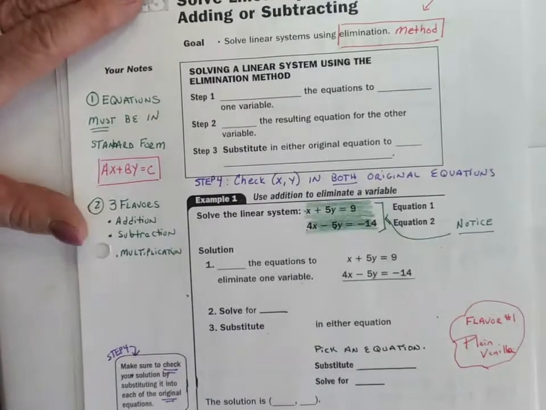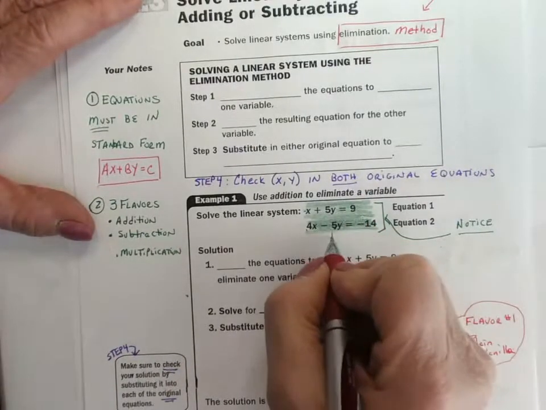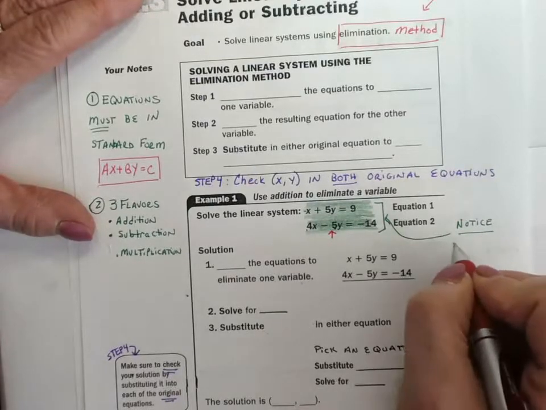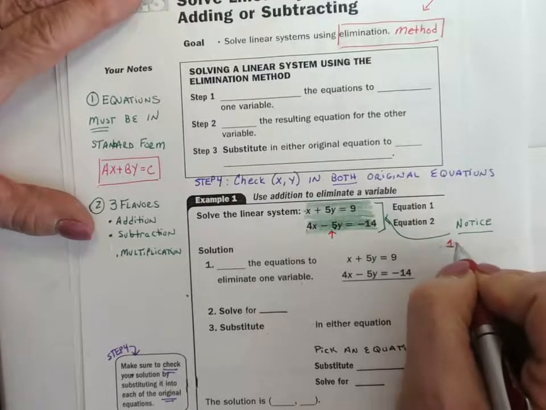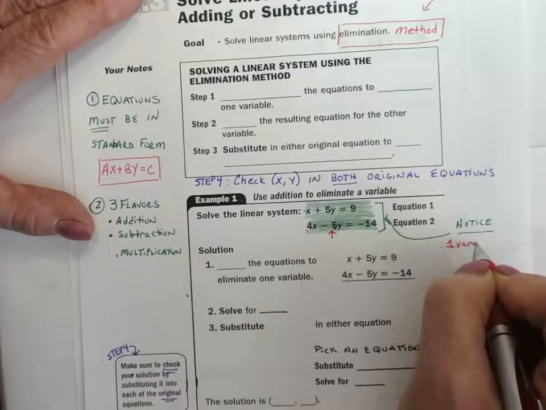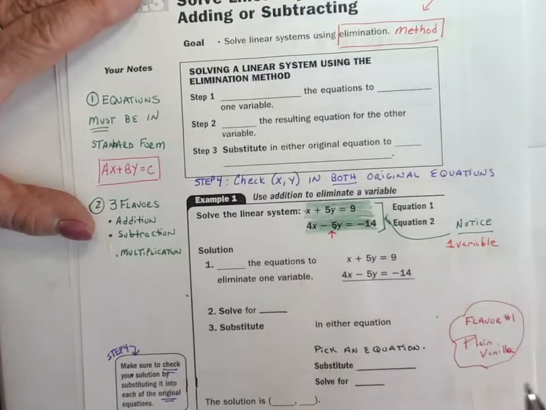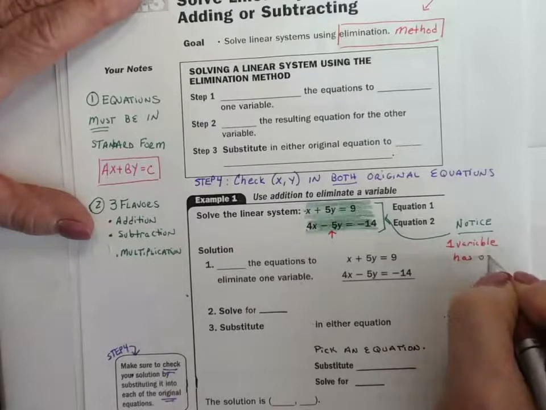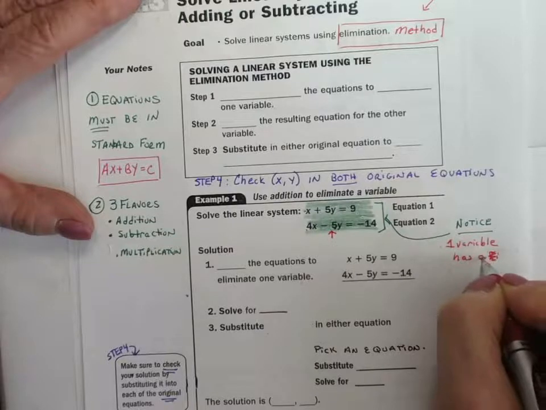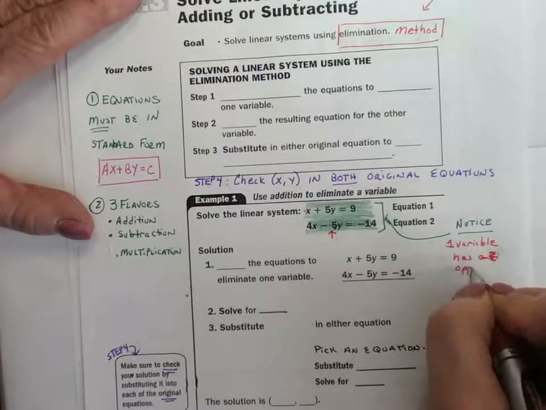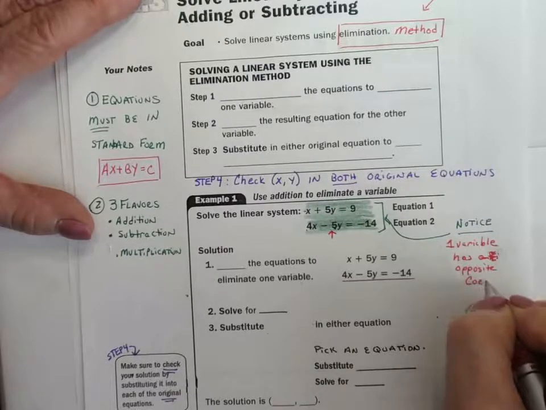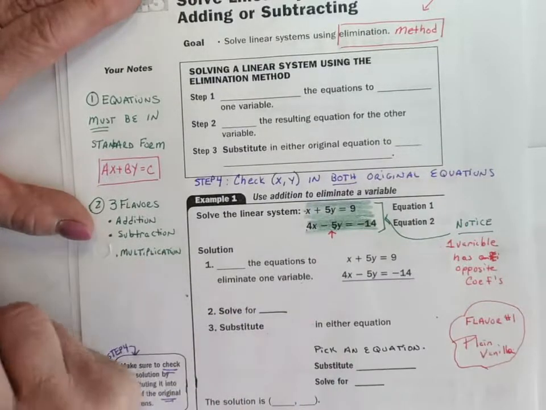What I want you to notice is that one variable has opposite coefficients.